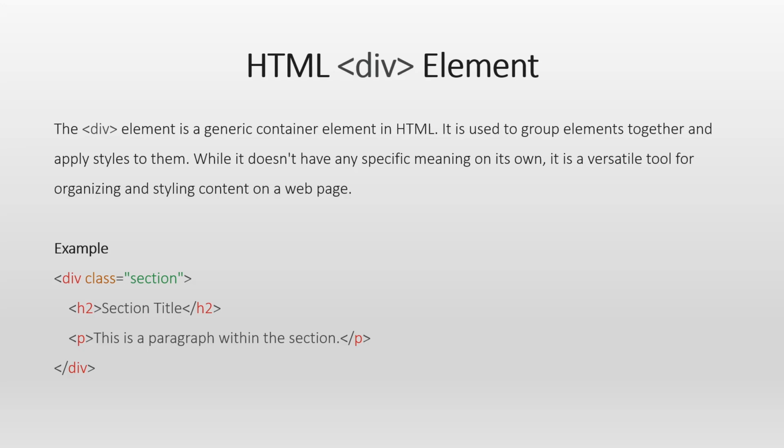In that section we have a title and a paragraph, and the div groups these two things, the H2 and the paragraph. It shows them in the output on the web page organized this way, so this section shows the title and the paragraph, and this text is displayed on the web page.